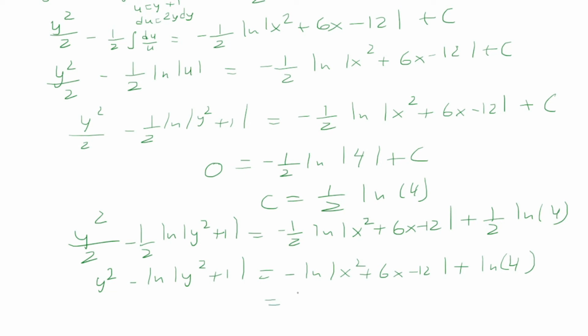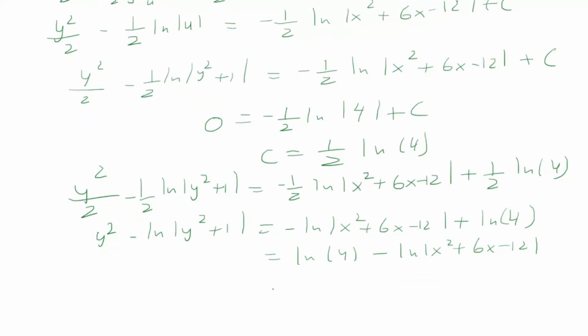I can really think of this as ln of 4 minus ln (x squared plus 6x minus 12). And now I can divide. It's 4 over x squared plus 6x minus 12. And on the left will be y squared minus ln absolute value of y squared plus 1.